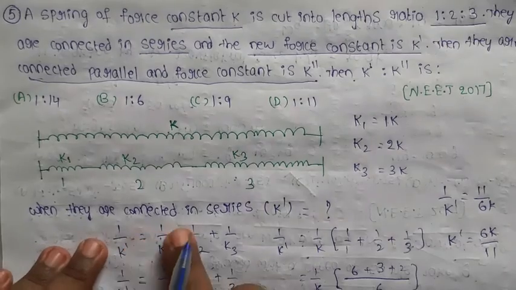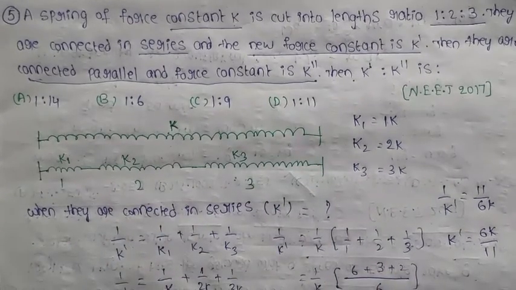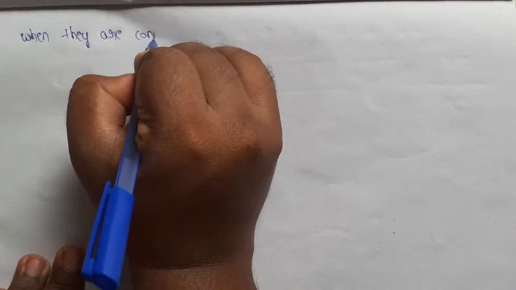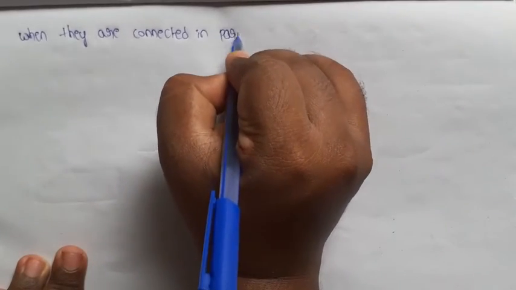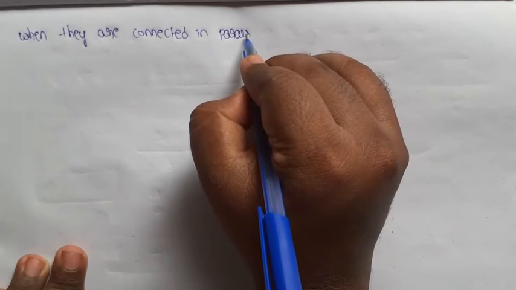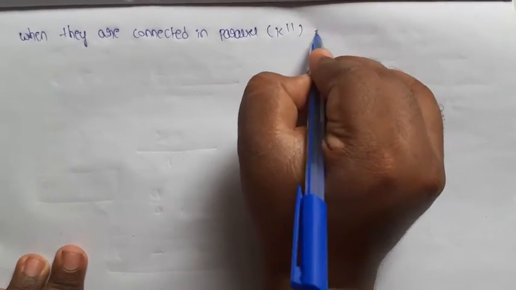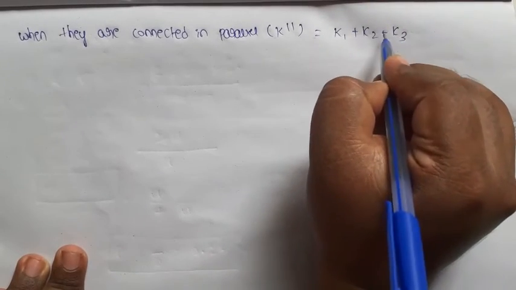Now when they are connected in parallel, the new force constant should be k double dash equal to k1 plus k2 plus k3.